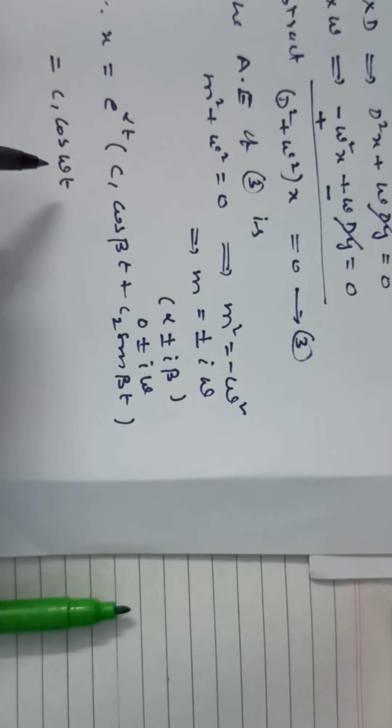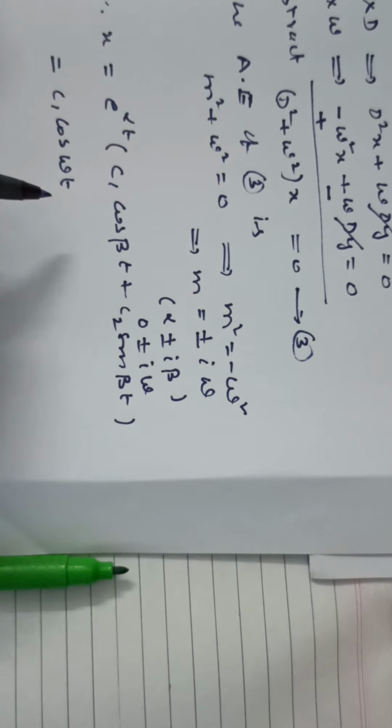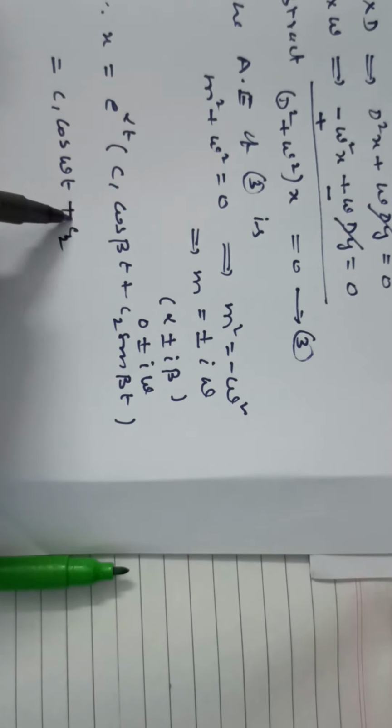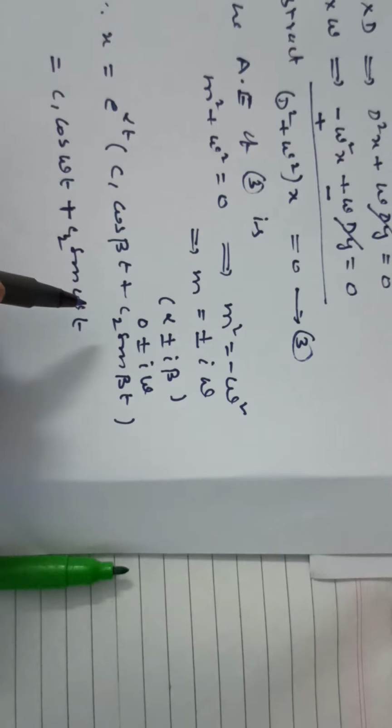Remaining is c1 cos omega t plus c2 sin omega t. This is the value of the variable x.